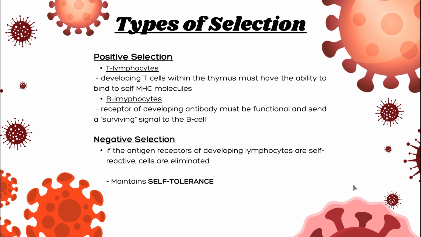Positive selection ensures that T lymphocytes are MHC restricted and that B lymphocytes express a functional BCR, while negative selection basically ensures self-tolerance. If either BCRs or TCRs are too reactive to self-antigens, then they are eliminated by apoptosis.